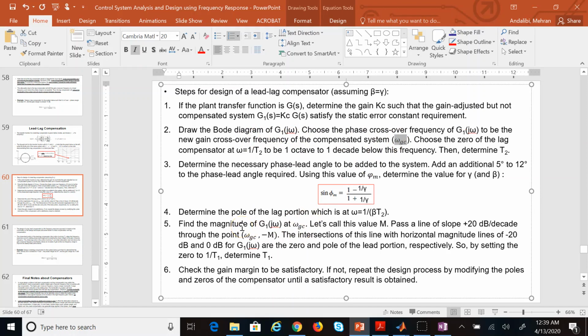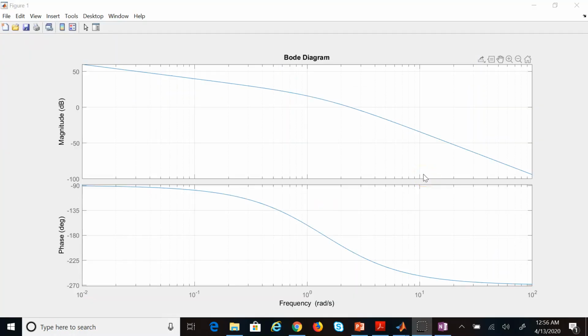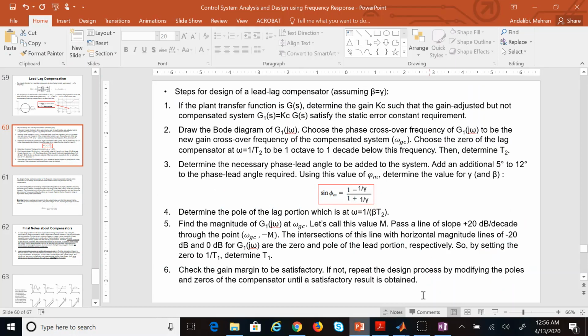Find the magnitude of it, and if we call it M, now pass through the point omega GC, which is 1.5, and M with a negative sign a line with the slope of positive 20 decibels per decade. So what does that mean? Pass the line with positive 20 decibel per decade from point omega GC and negative M.